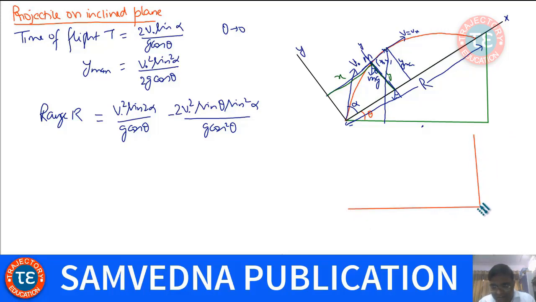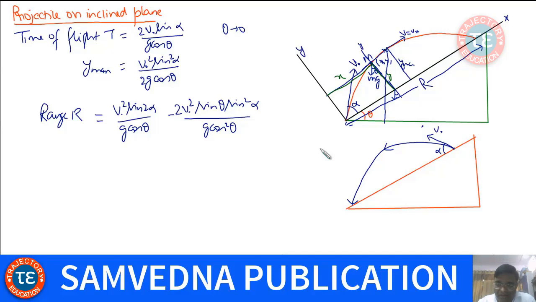Suppose we have this case and somebody says I am projecting the body like this, with velocity V naught and angle alpha, then how will the formula look? What will be range, what will be time of flight, and all those things.